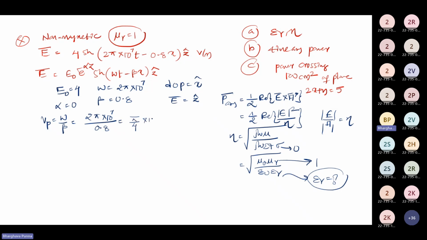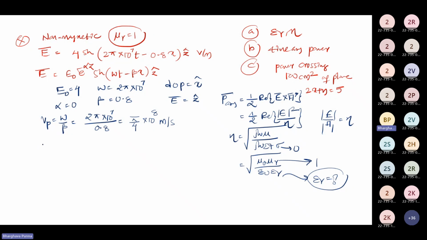Pi by 4 into 10 power 8. Did you calculate pi by 4? This is 8 by 10, 10 will go outside. So pi by 4 into 10 power 8 meters per second. This is the velocity of this particular wave.